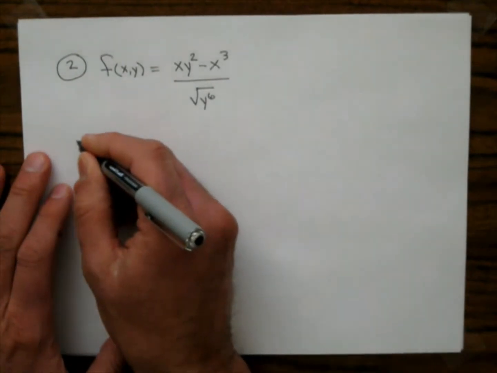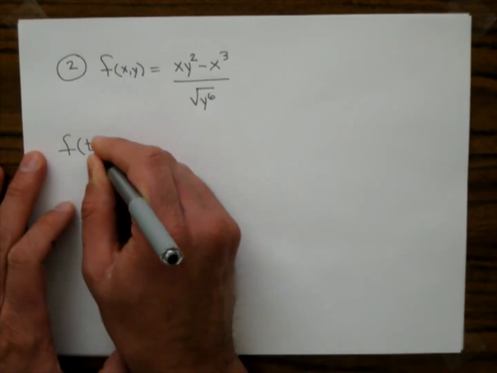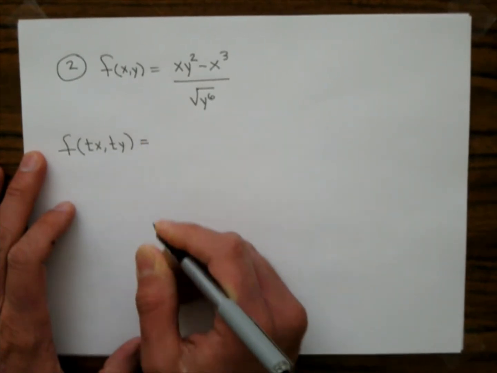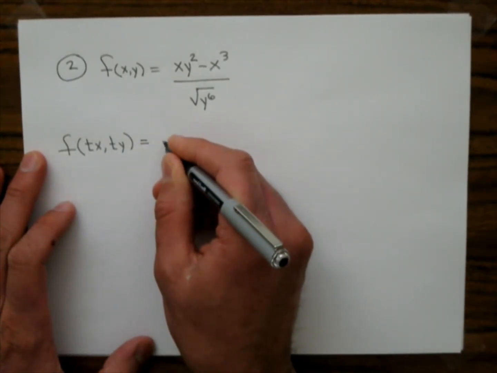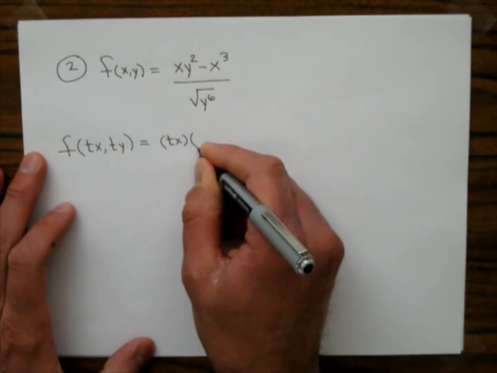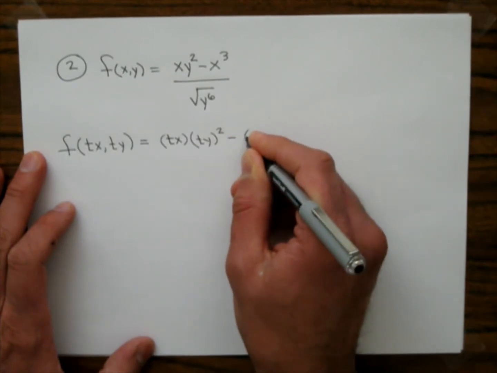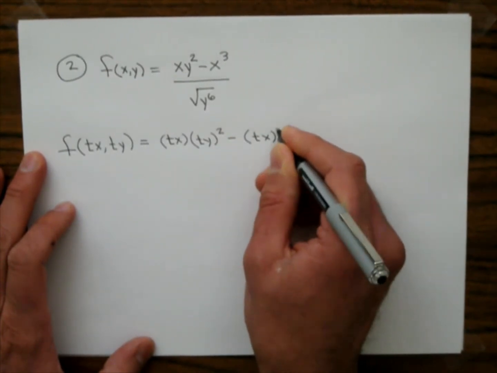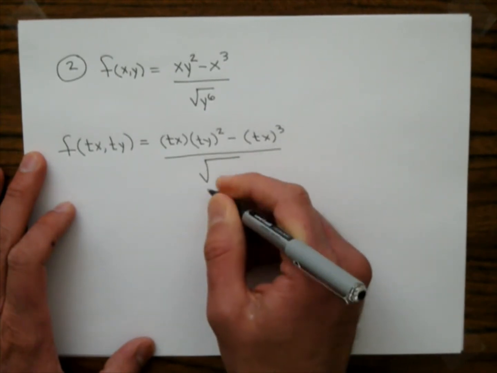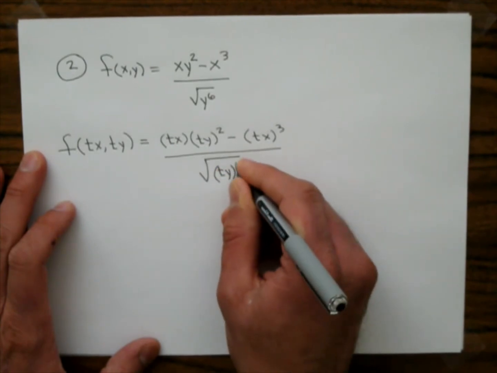Okay, so what I'm going to do is I'm going to go ahead and plug tx, ty into that two-variable function. So I have tx where x is, and ty where y is. So I'm going to square that, and then I have tx cubed. This is all over the square root of ty to the 6th power.